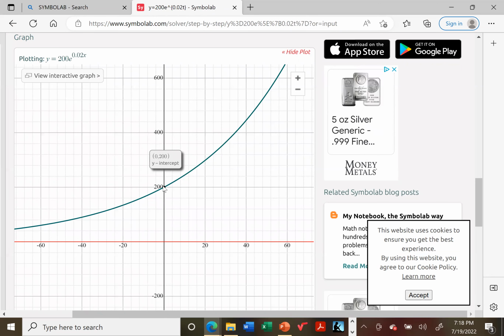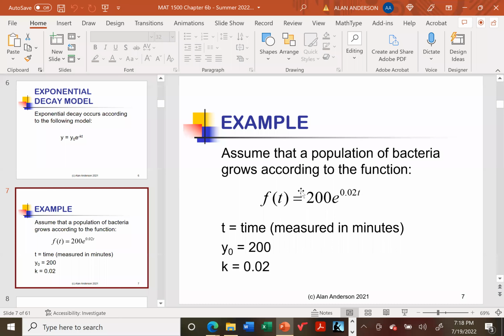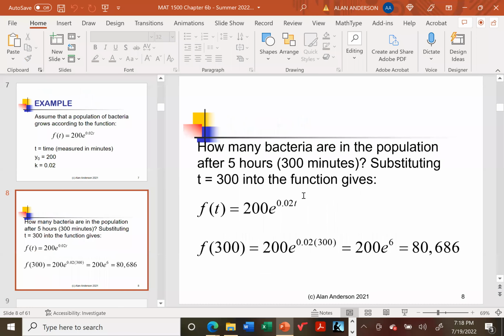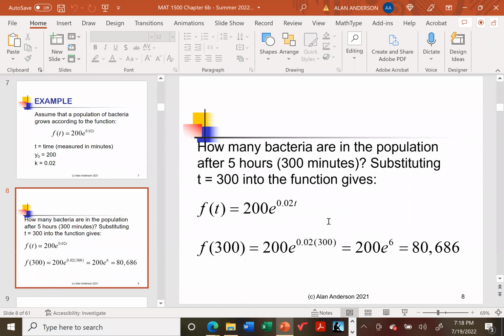Now, of course, the way this is written, this implies that the starting value is 200. Whatever this is, in this case, it's the bacteria. We started with 200, and you can see that the amount of bacteria is growing at an increasing rate. So it's growing pretty quickly. But suppose that we needed to know specifically how many bacteria there would be after 5 hours or 300 minutes.